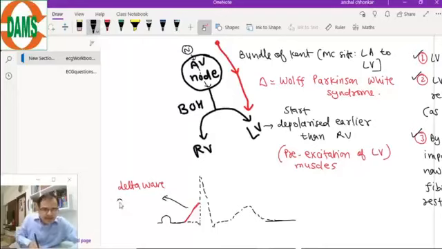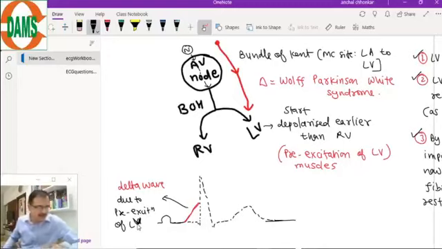This is due to pre-excitation of the left ventricle. AV node depolarization also occurs in WPW syndrome, but that does not go beyond the AV node due to the refractory period of the bundle of His.